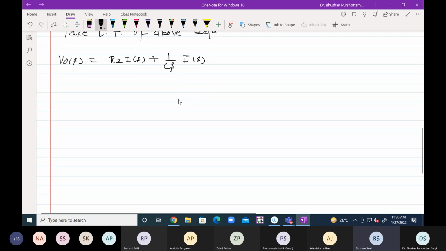So this is our equation. We will take I of S common.